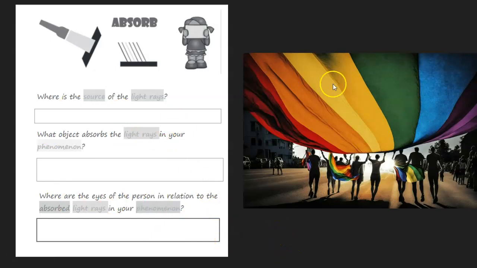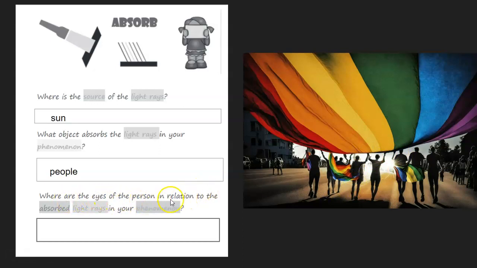Here's another example. This picture, again, has lots of light reflecting, lots of light absorbing, lots of light transmitting. Pick one. Where's the source of the light rays? It's the sun. What object absorbs the light rays in your phenomenon? I'm going to pick these people because the shadows are easy. So I'm focused on the people.